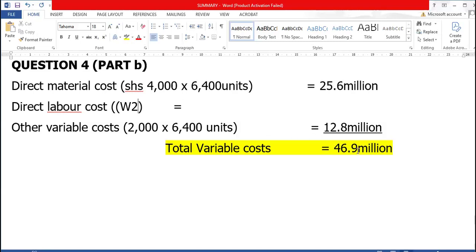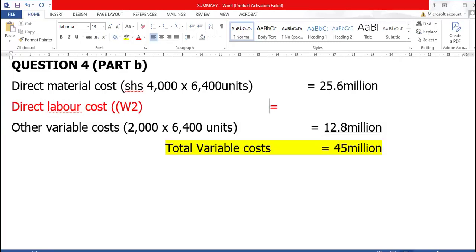Other things will remain the same. Then here, you need a target of 45 million. That's what you need. But for you to get this, direct labor cost must change.